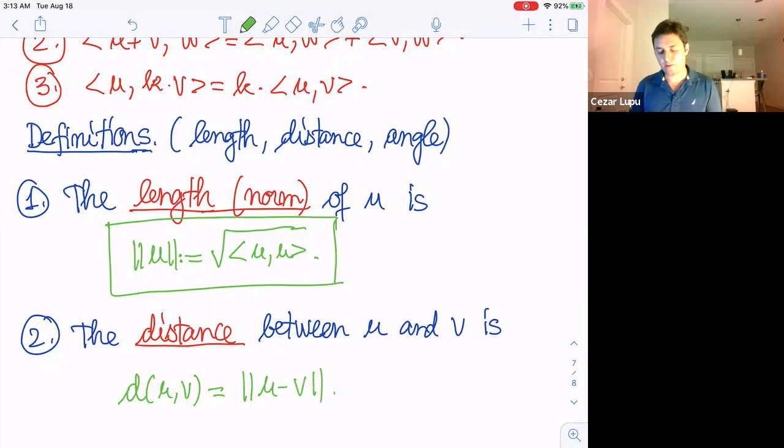And if you use the definition of the norm or the length, this will be nothing else than just the square root of the inner product between u minus v and u minus v. Okay.